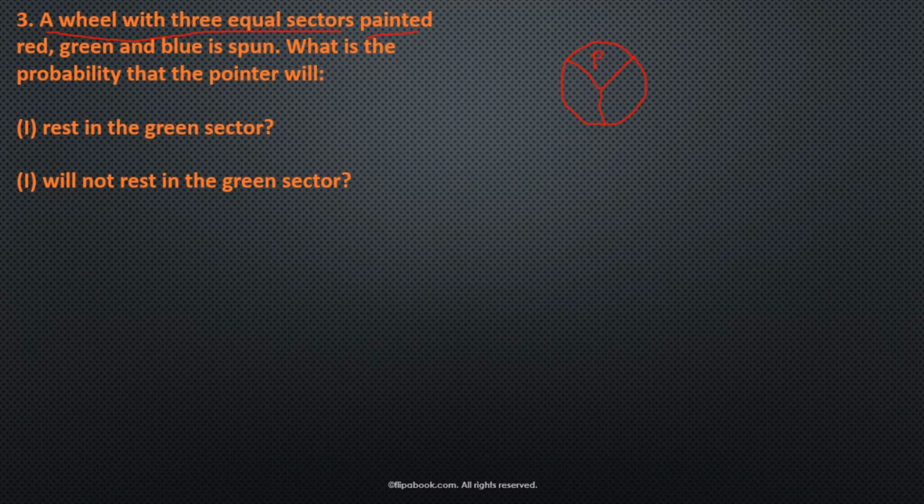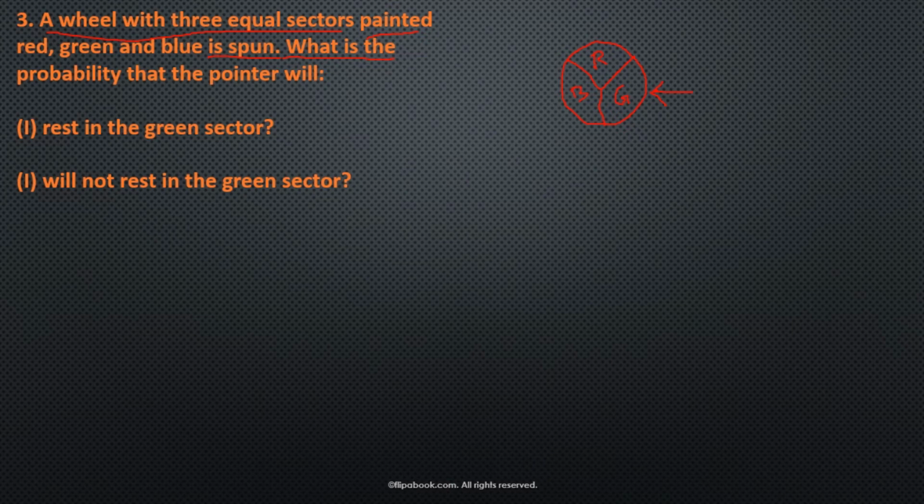So what happens next? What is the probability? It is spun, so there is a pointer here. Spun is the verb 3 form, the past participle form of spin. Spin is to rotate it. So what is the probability that the pointer will rest in the green sector?